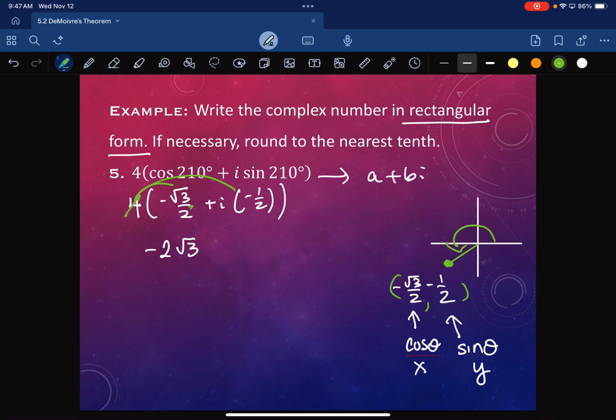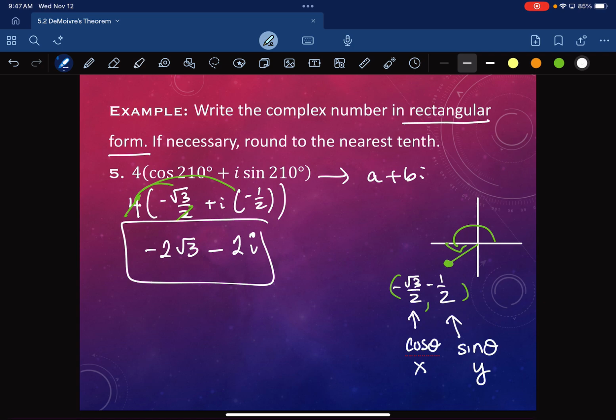This 4 will reduce with this 2 to give me a 2, so I have 2 square root 3, and it's still negative. The I and the 1/2 will also be a negative, because there's that in the beginning. What happens when I multiply 4 by 1/2? I actually get 2 this time, and I'll put it as 2i, since I don't have any radicals involved. I'll just move that 2 to the beginning. This would be the rectangular form.